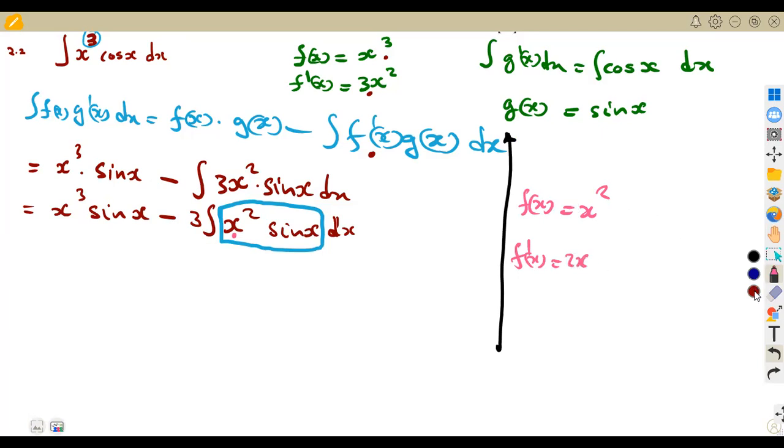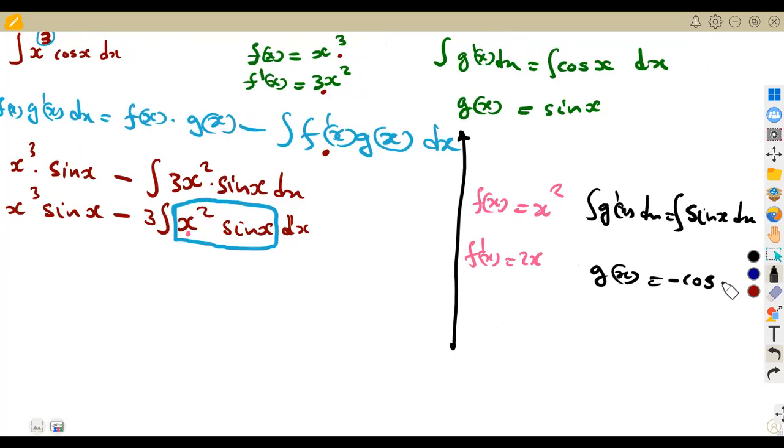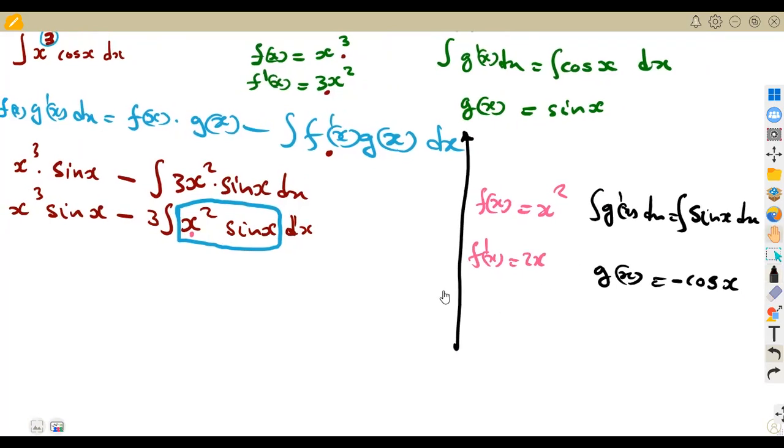Then g prime x dx is what is remaining, which is sine x dx. You integrate both sides to obtain g of x. The integral of a sine is a negative cos, so this is negative cos x.